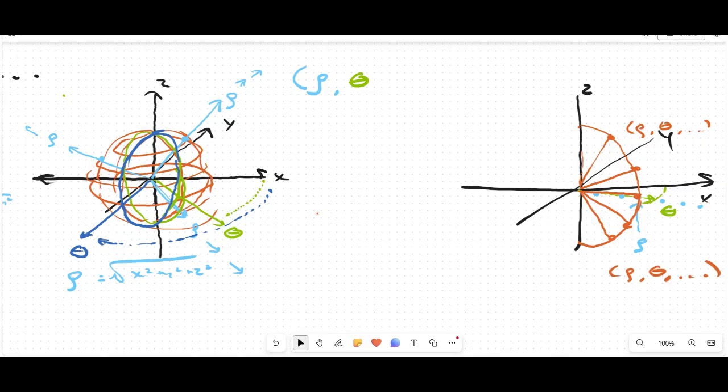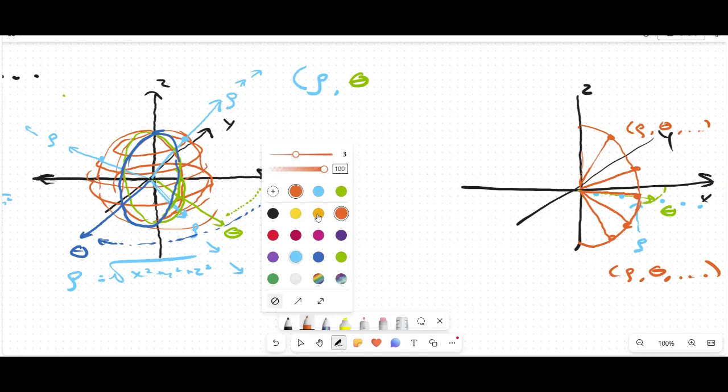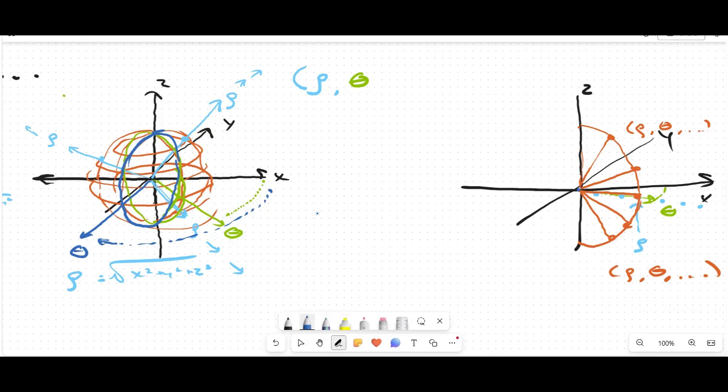So how do they differ? What is it that distinguishes all of these points from one another? There's more than one way to measure this, but the standard way is we measure the angle from the positive z-axis. The name of this next angle is phi. You put a circle and put a vertical line through it like that. Up here is phi equals 0.